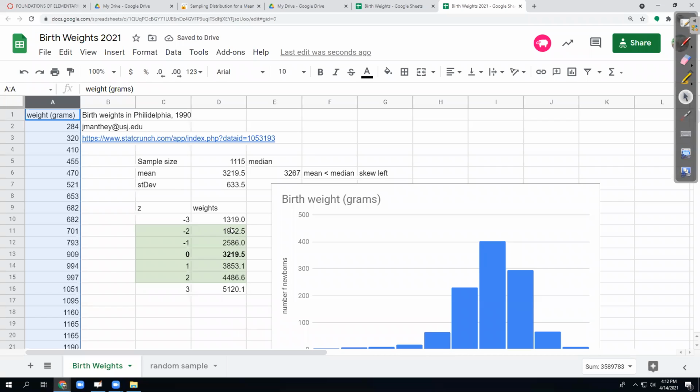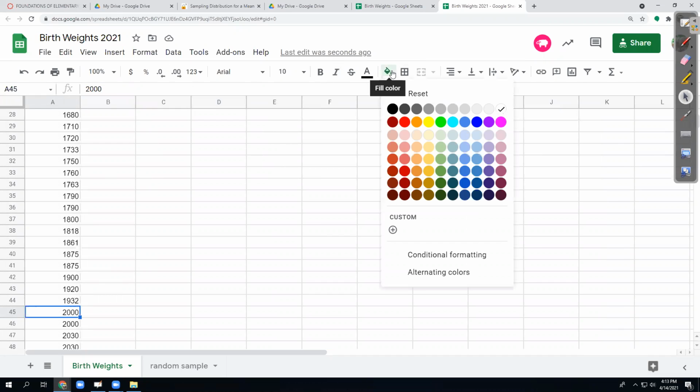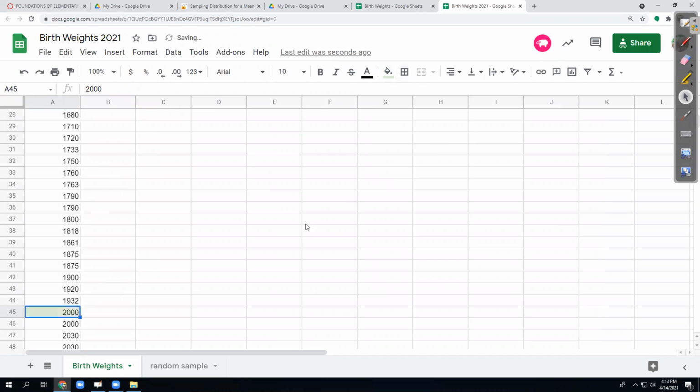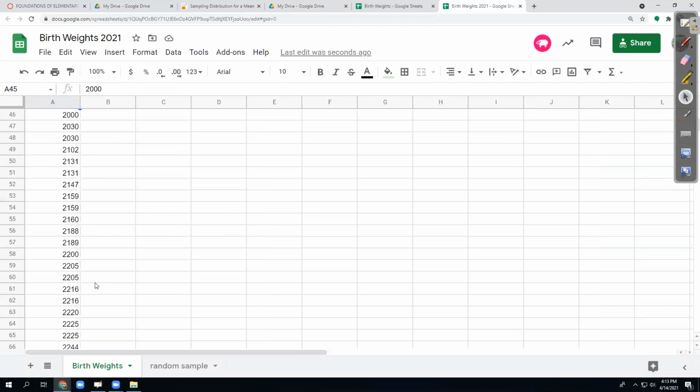So we want to make a mark. Where's the first number that's just above 1,952? I guess 2,000 is the first one above 1,952. So I'm going to highlight that one in green. And I want to count all the way up to the number just below 4,486.6, so 4,486.